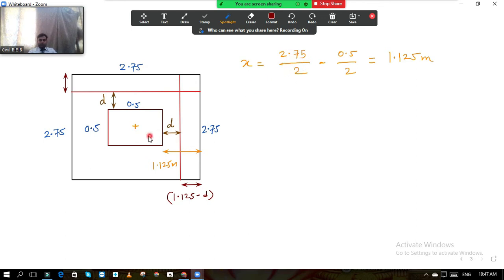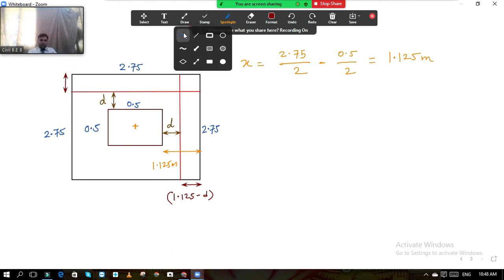From this distance, if I subtract this column's distance, I will get the distance from the face of the column to this point, which will again be the same, 1.125. And from this 1.125, if you subtract this d, you will get the width of the strip.